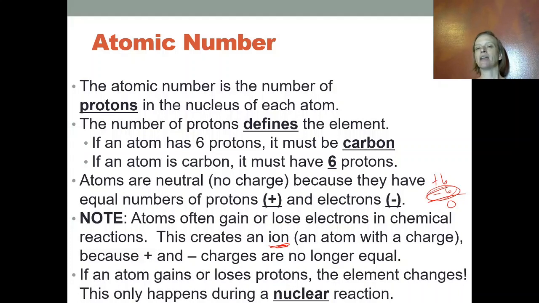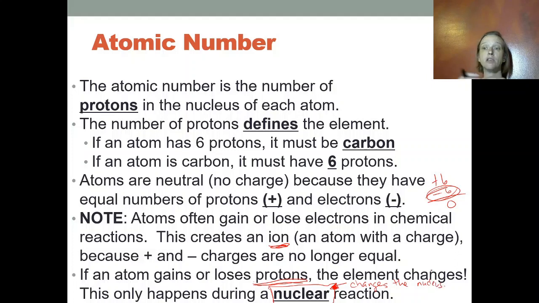If an atom gains or loses protons, then you actually change what element you have. That can only happen during a nuclear reaction. It cannot happen in a chemical reaction. A nuclear reaction is a reaction that changes the nucleus of an atom.